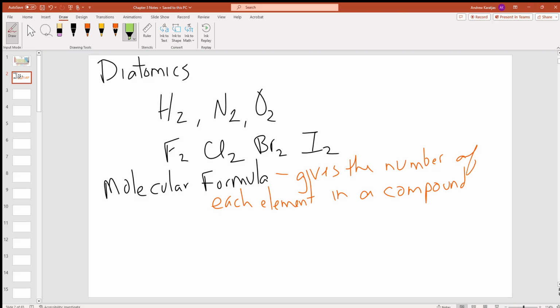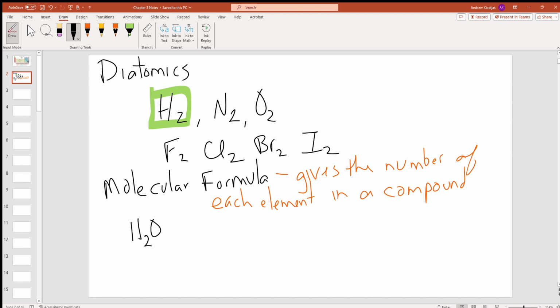So for example, the first one we have here, H2, tells us that that compound is made up of 2 hydrogens. And these can be very simple, as we see above. They can start to get more complicated.